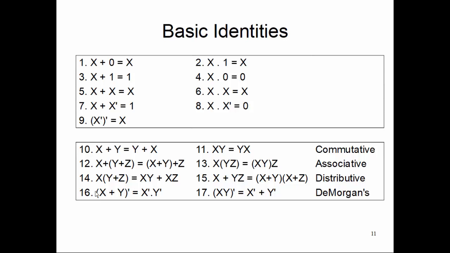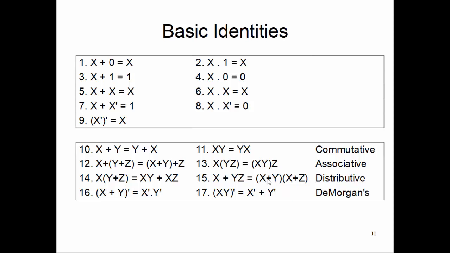So that's why number 14 is easy to remember, because it follows the same multiplication distribution over addition, and similarly we are doing an AND distribution over the OR operation. But here in Boolean algebra we can distribute the OR operation over AND, whereas in normal algebra we can never distribute an add operation over a multiplication operation, right? So that's the difference. Number 15 is very tricky, so you need to be aware of this relation.